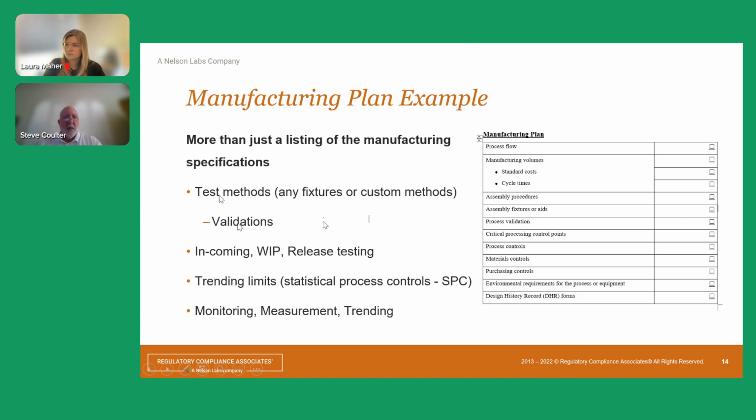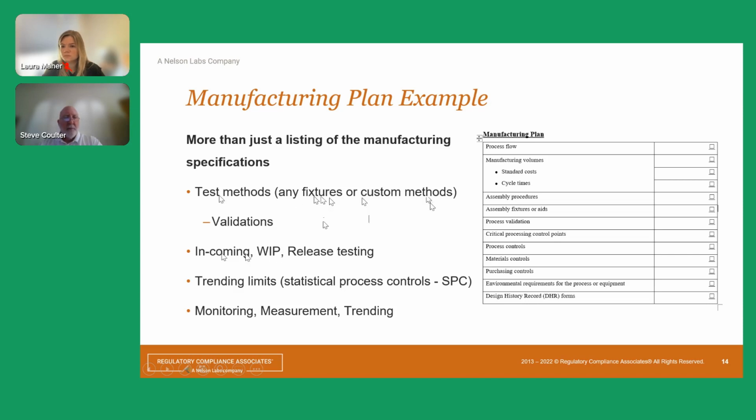If you have test methods, people pretty much know I have to have validated test methods. But what about if you have fixtures or custom methods? Those have to be qualified and put under controlled drawings and everything else, just like anything else. So don't forget your fixtures and your test methods.